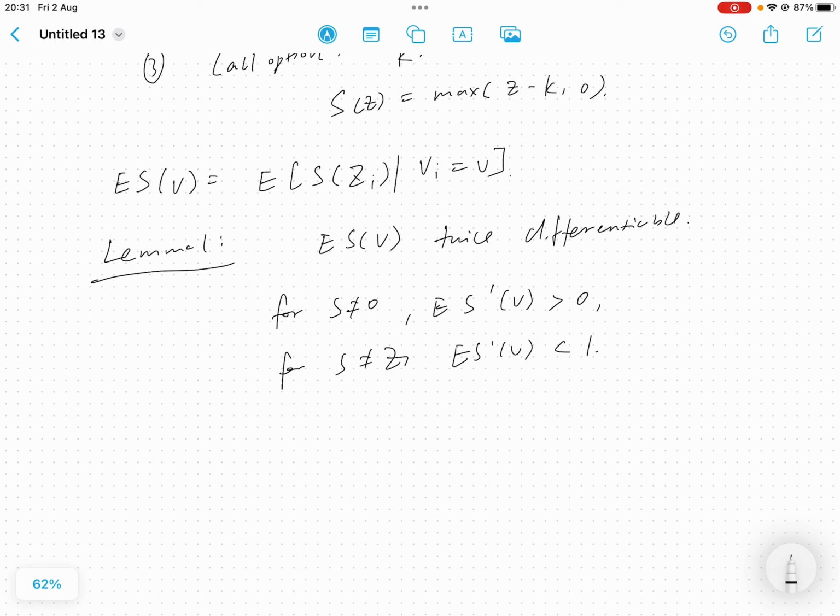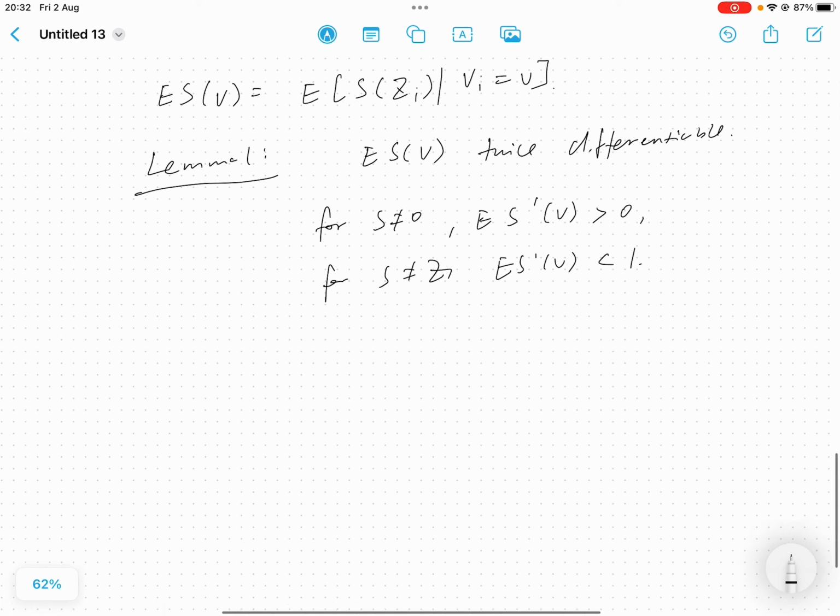That proof is not too hard, and you can refer to the paper for that. So those are some very basic and important properties.